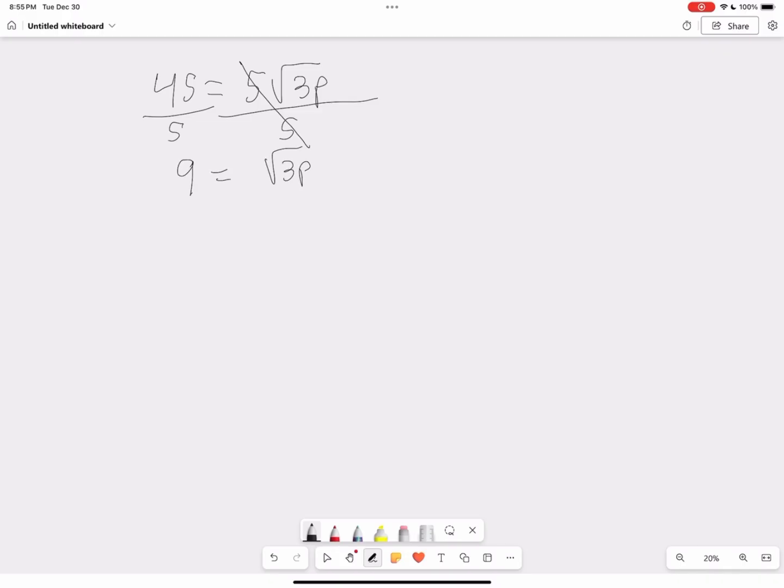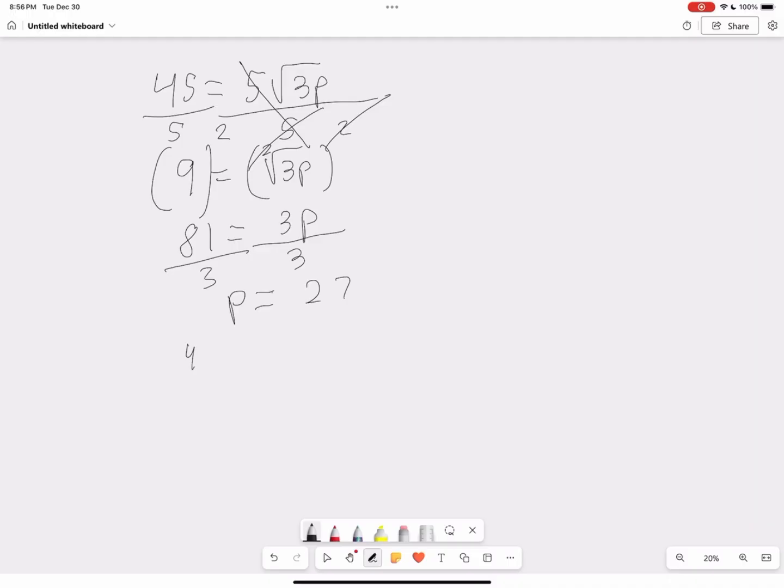And we're going to square both sides so we can get rid of the square root. So we get 81 equals 3p. We're going to divide by 3, and we get p equals 81 over 3, which is, what is that? 27.